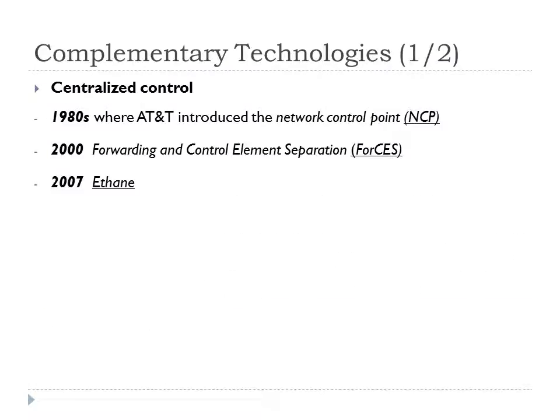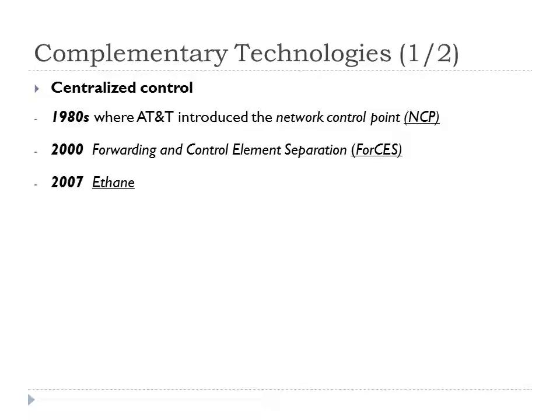So if we look at centralized control, this could at least be dated back to the early 1980s where AT&T introduced the Network Control Point, or NCP, which offers a centralized database of telephone circuits and an out-of-band signaling mechanism. Some other technologies which were relatively recent include the forwarding and control element separation, or ForCES.